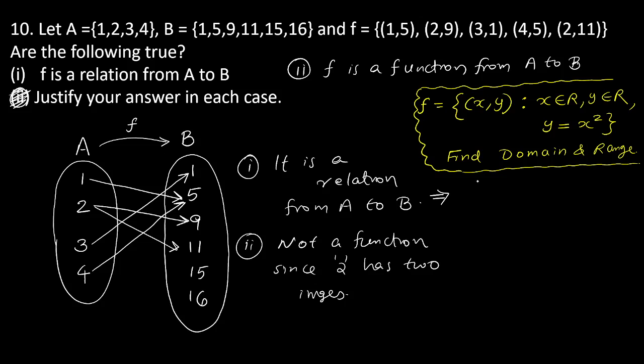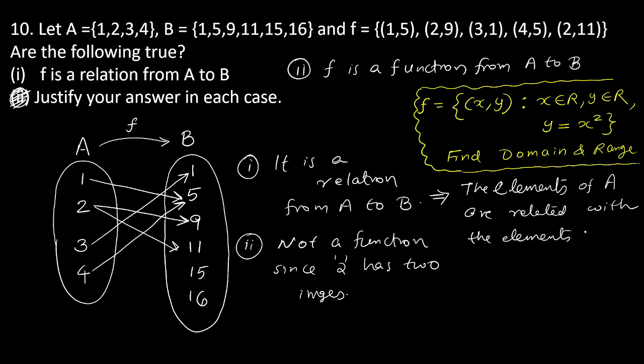It is a relation from A to B because the elements of set A are related with the elements of set B. So the first one is a relation from A to B, but that is not a function because 2 has 2 images. Clear Deva? Aryan, clear?